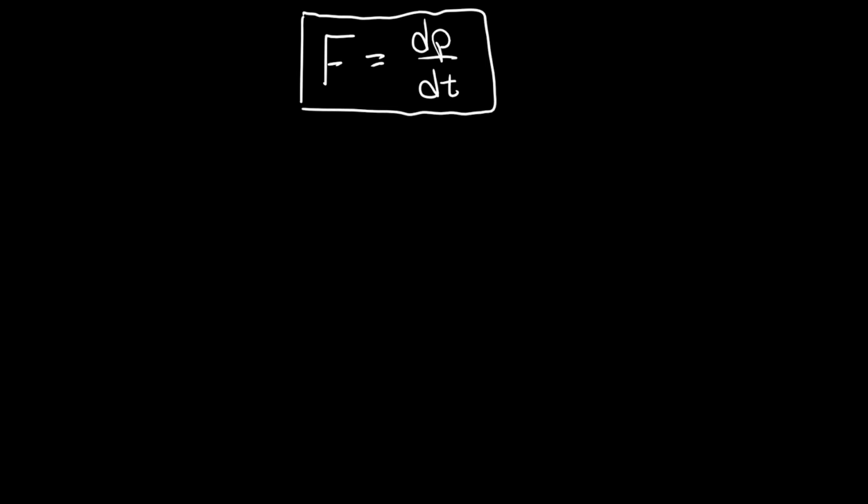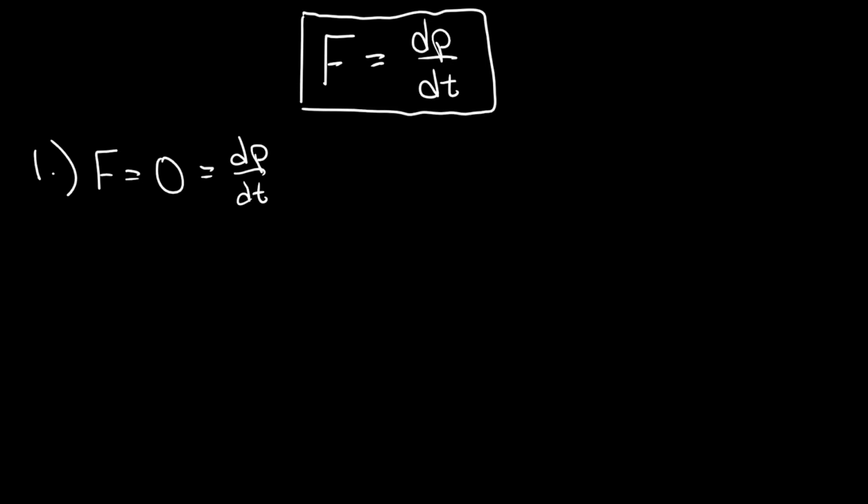Okay, so now let's talk about Newton's laws. Start out with his first law. To get Newton's first law, all we have to consider is F equals 0. In the case that F equals 0, remember again, dp/dt must also equal 0.